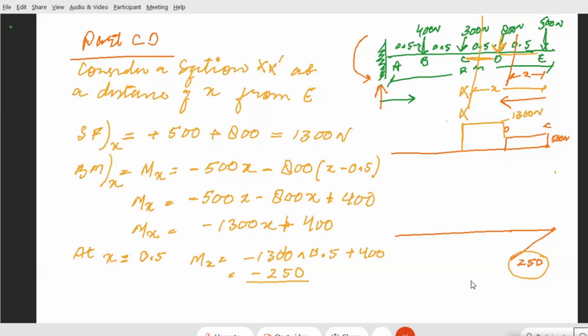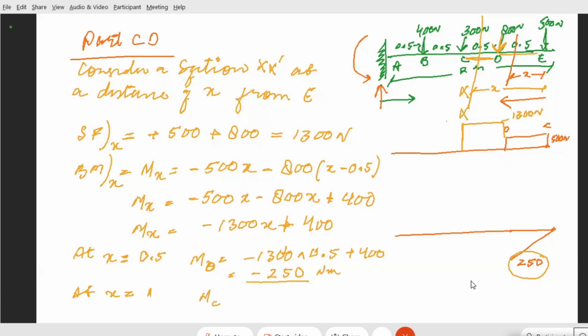Now, when you're at x is equal to how much? 0.5 and 0.5, that is 1. Then your moment at point D now. Sorry, C. Earlier at point D, the moment was 250 Newton meter.